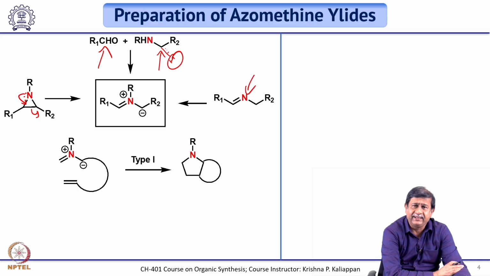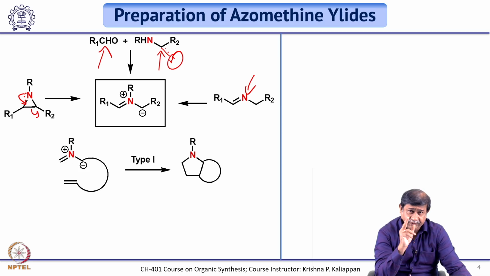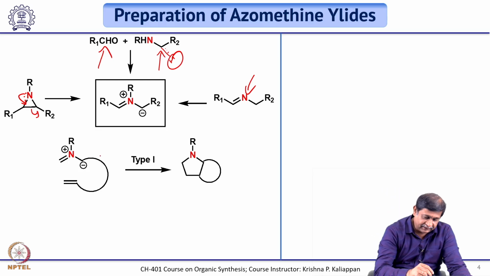So once these azomethine ylides are formed, they can undergo intermolecular 1,3-dipolar cycloaddition with various dipolarophiles, or they can also undergo intramolecular 1,3-dipolar cycloaddition. For example, like what we have discussed in the IMDA type 1, that is intramolecular Diels-Alder reaction type 1, here the dipolarophile is attached to carbon number 1.